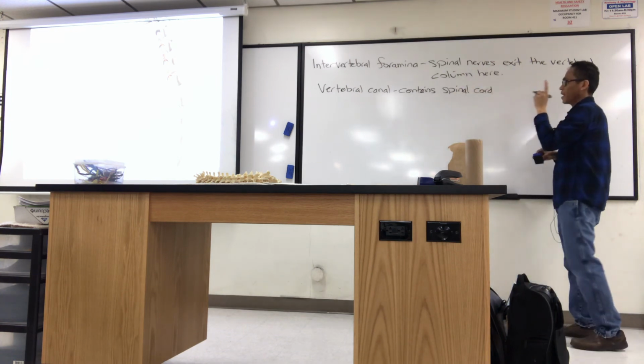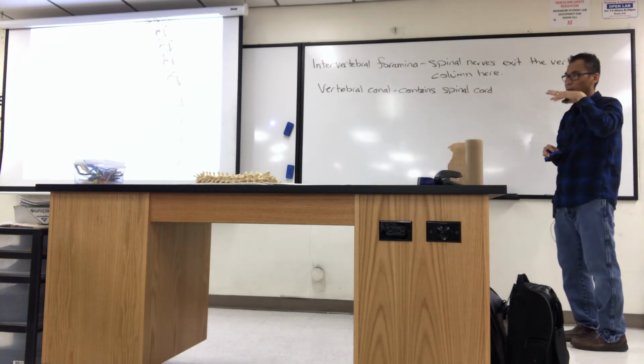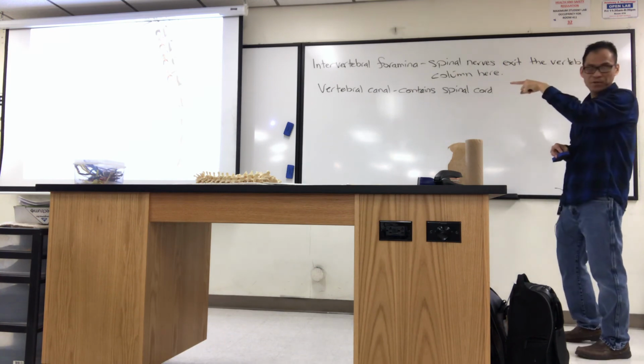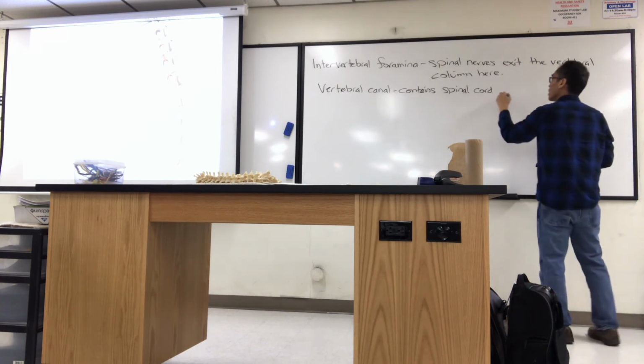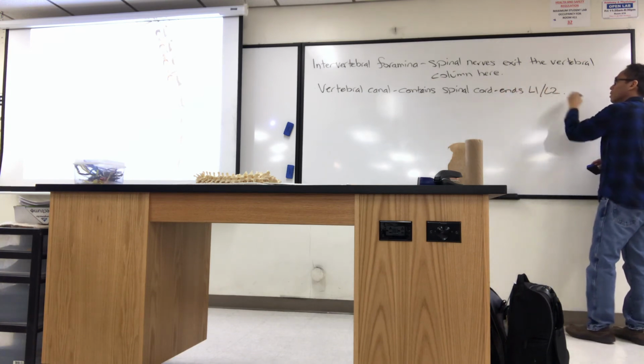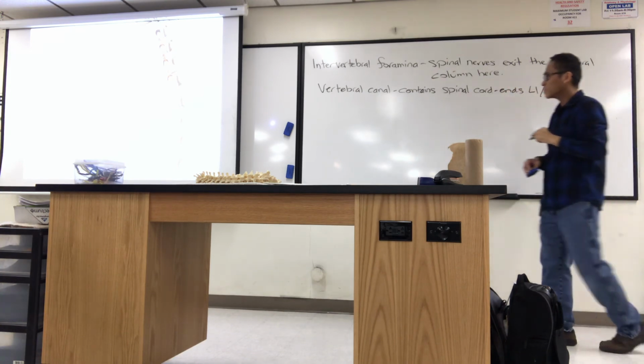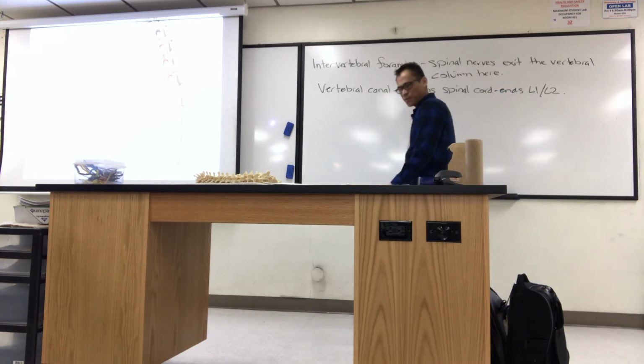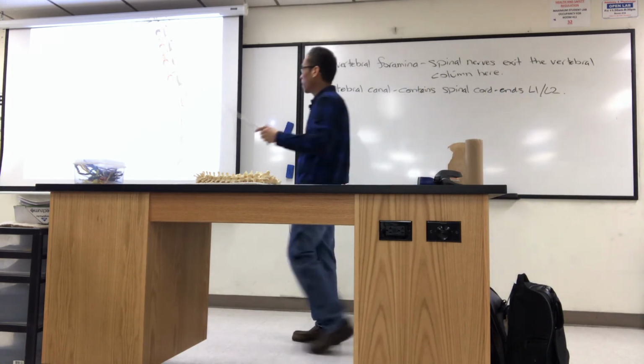The spinal cord ends at about the level of L1, L2-ish. This is the thoracic region now. Where I put the red arrow, I'm trying to show you where it is.